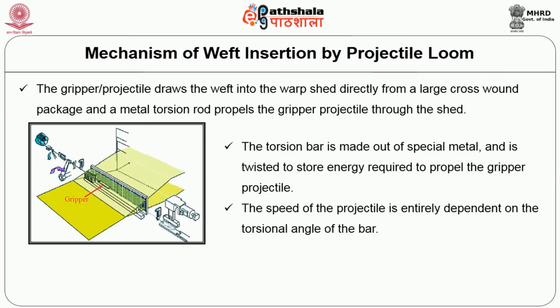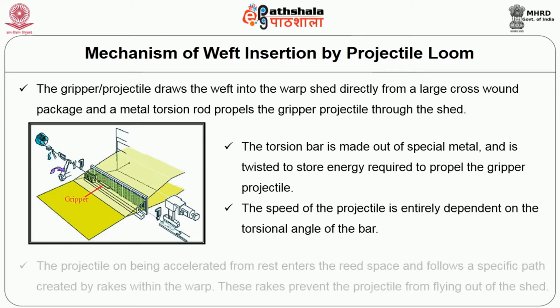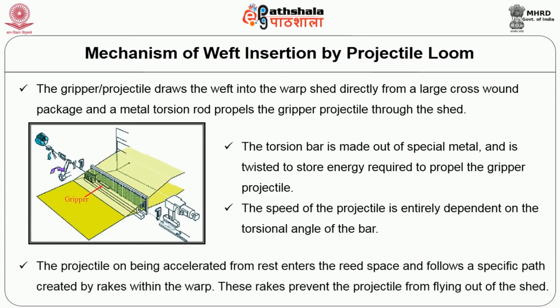The speed of the projectile is entirely dependent on the torsional angle of the torsion bar. Projectile can be accelerated from rest as it enters the reed space and follows a specific path created by the rakes within the warp. These rakes prevent the projectiles from flying out of the shed.